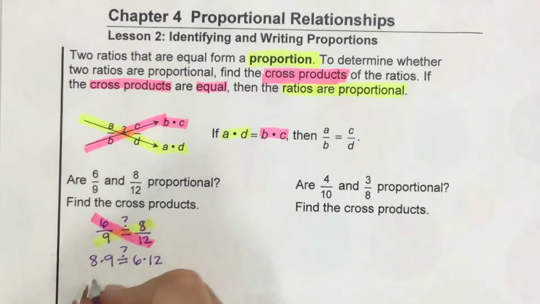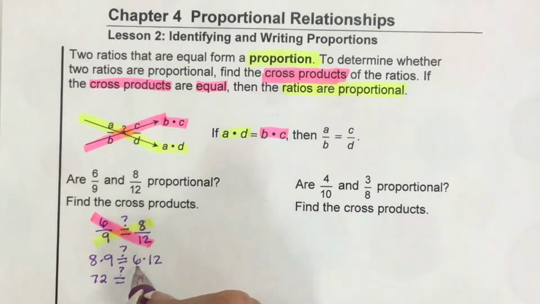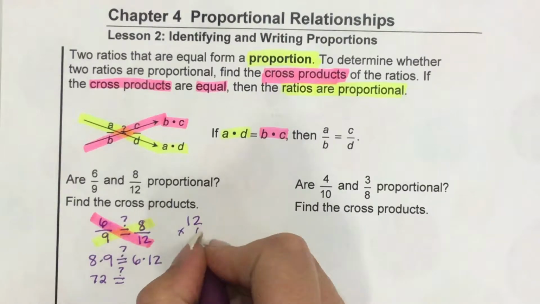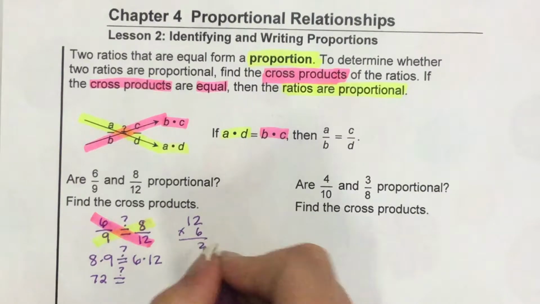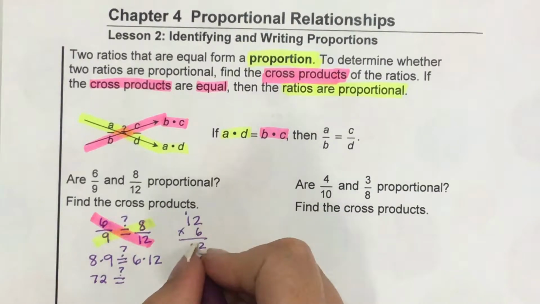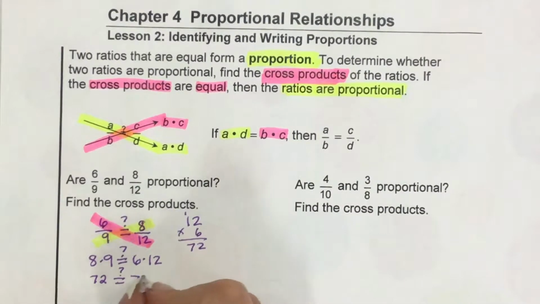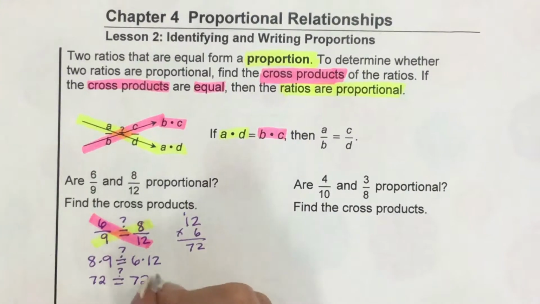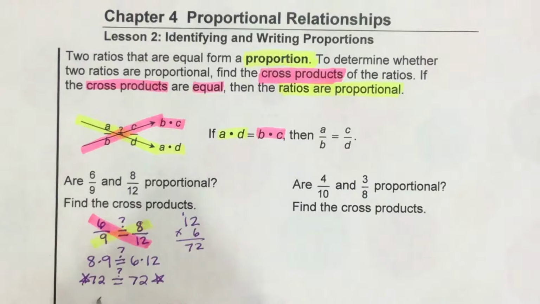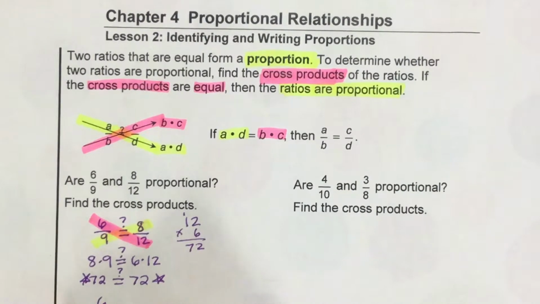We're trying to see if the cross products are equal. 8 times 9, I know that's 72. Is this equal? I'm not sure. 6 times 12, I'm going to have to work that out. 12 times 6. 6 times 2 is 12. Write the 2, carry the 1. 6 times 1 is 6, plus 1 is 7. So yes, 72 is equal. Since the cross products are equal, what we can say is that 6 9ths is proportional.